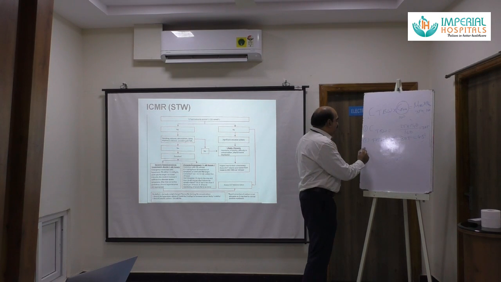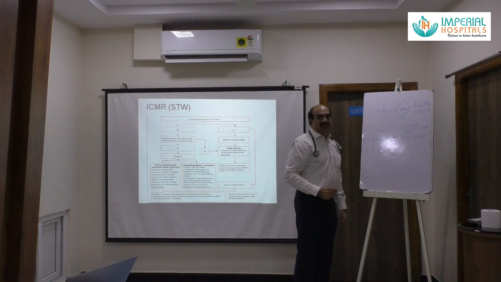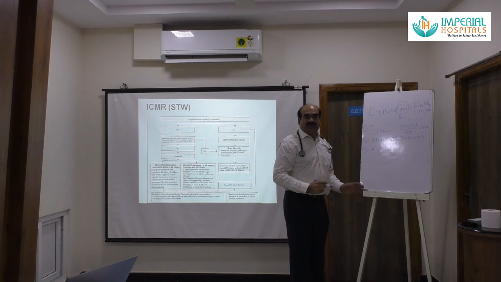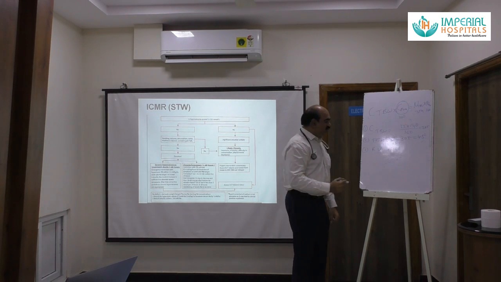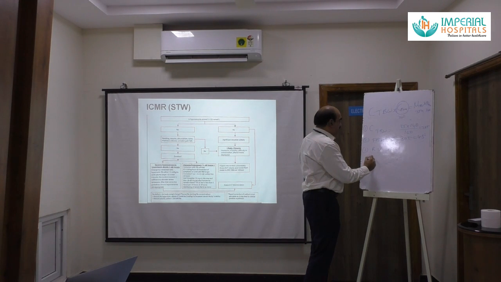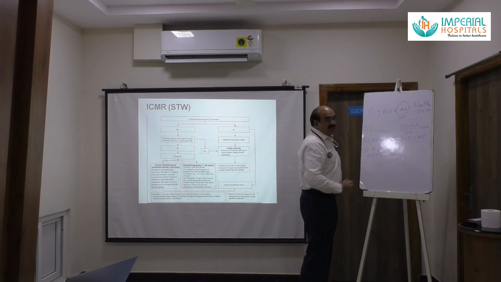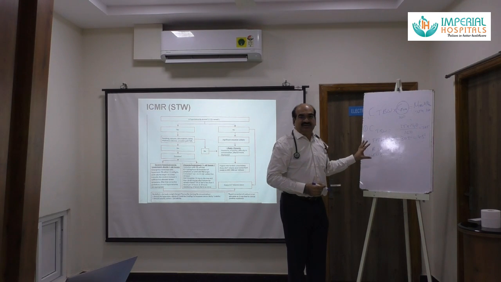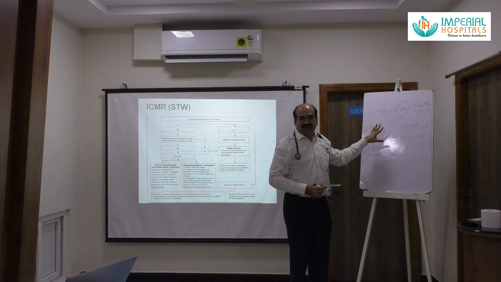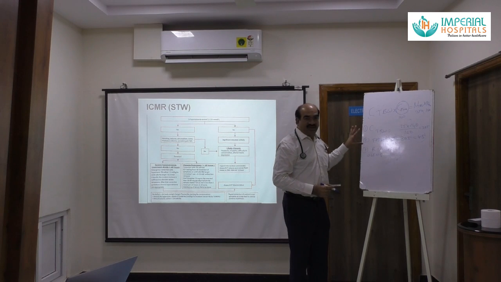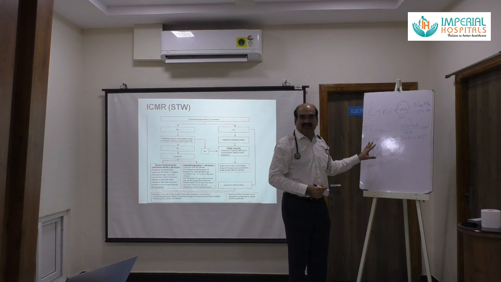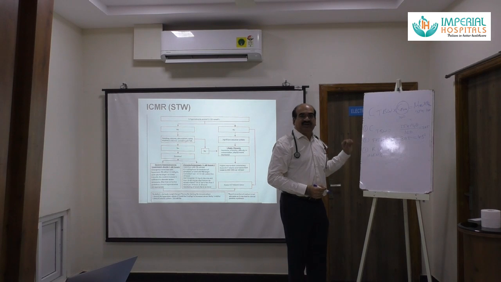Then how do you plan for replacement volume? We want to give half normal saline, 0.45% normal saline. So how do you decide, if the patient has 160 sodium? Replacement volume, replacement time, infusion rate.